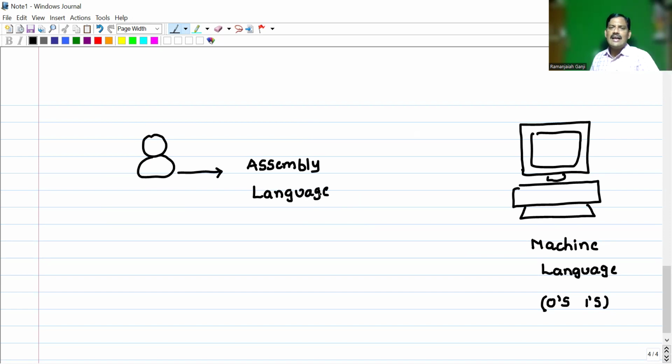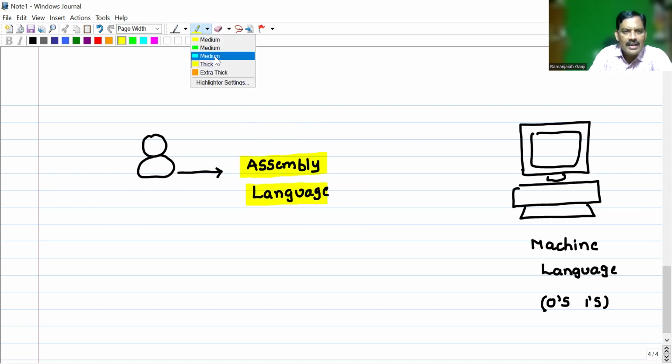Symbols such as add, mul, div, sub, load, store, etc. See, the computer can understand only machine language, but you are writing the program in assembly language. What do we require? We require a translator. Translator needed.